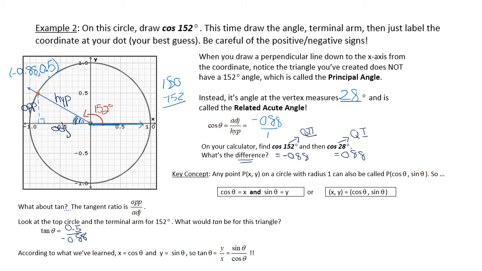So if you put these two in your calculator, just do 0.5 divided by negative 0.88. Let me do that. I get about negative 0.568.